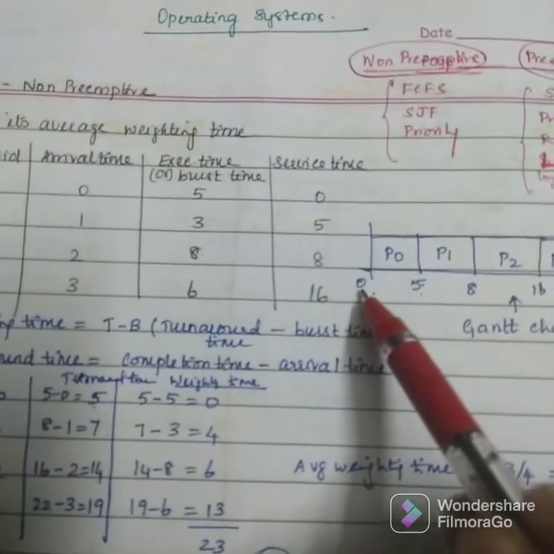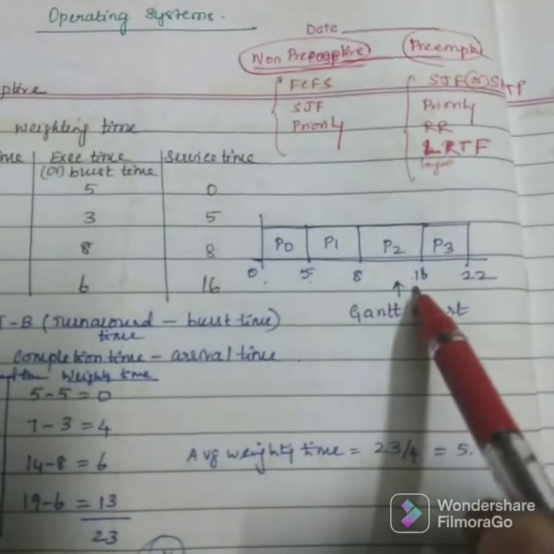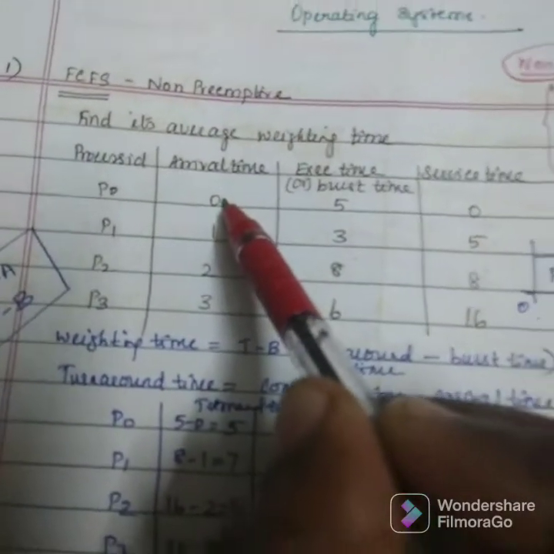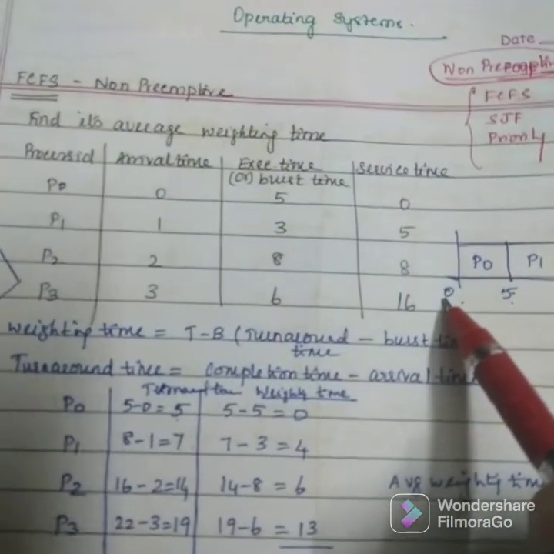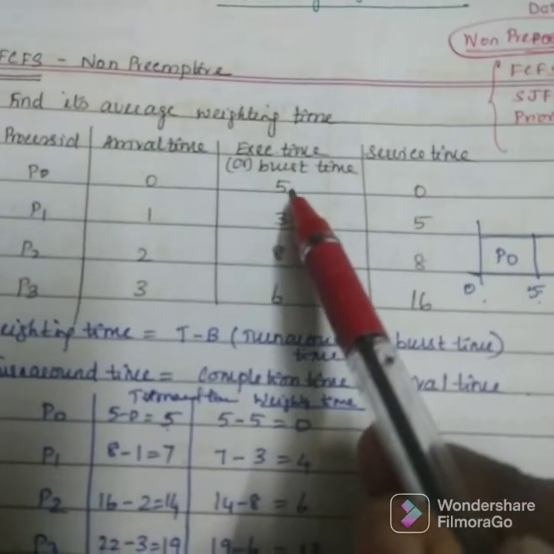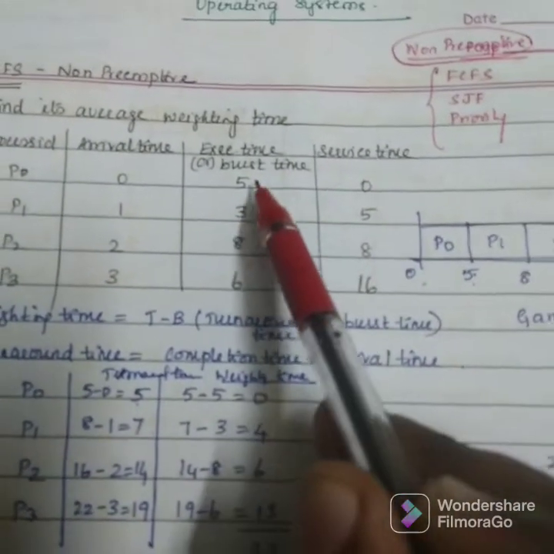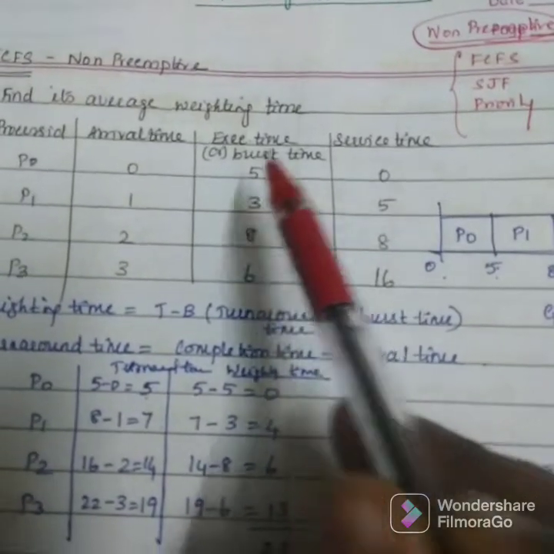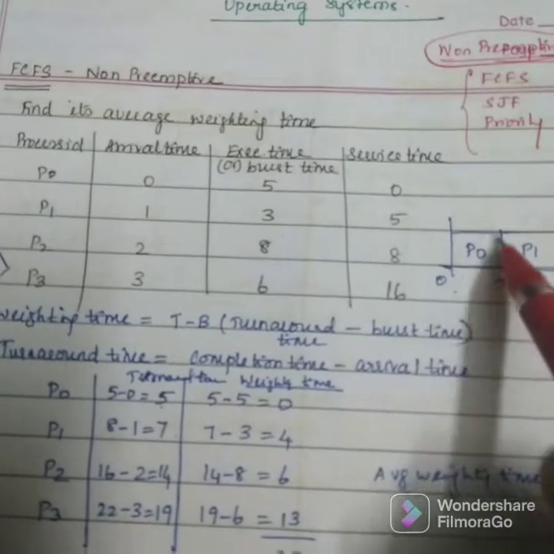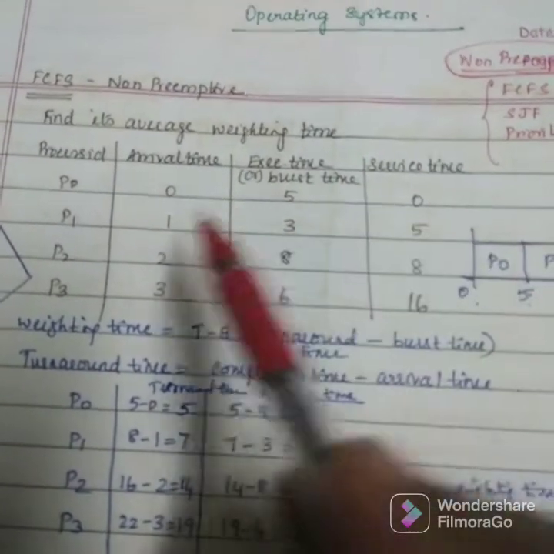And what is this? 0, 5, 8, 16, 22. The arrival time is 0, so we put 0. Then after 5 seconds, the next process comes. So 0 to 5, P0 will be utilizing the resource.